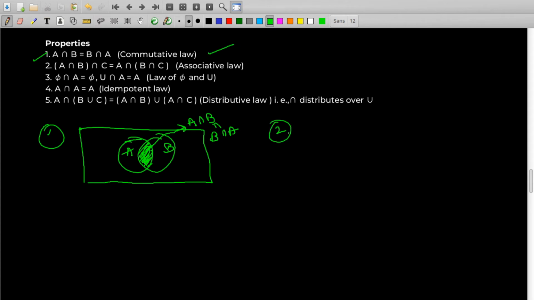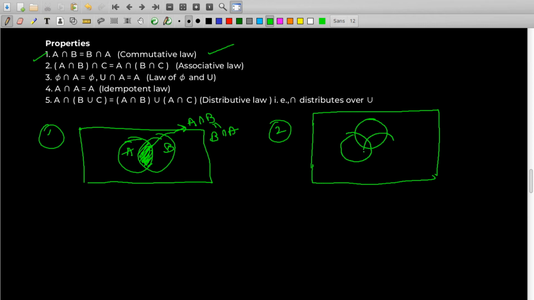Then there is the second law, which is the associative law, wherein we have 3 sets. It says that (A intersection B) intersection C is A intersection (B intersection C). So if we take 3 sets, A, B and C, and we have A intersection B, which will be this one, right?